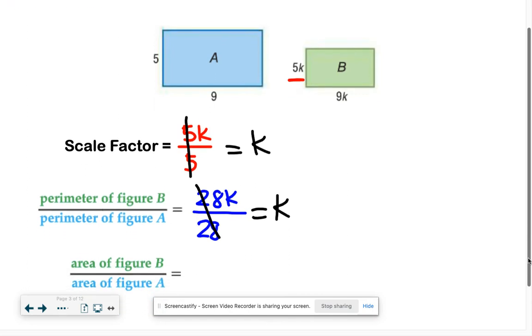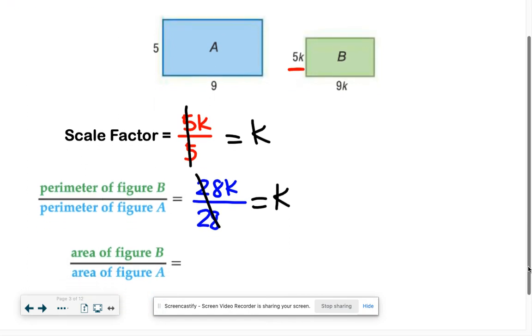Now let's look at their areas. How do you find the area of a rectangle? Well, you take base times height, so 5K times 9K would give us 45K squared. And then for figure A, 5 times 9 is just a simple 45. Ooh, what are we noticing? Again, those 45s go away, and we're left with K squared.